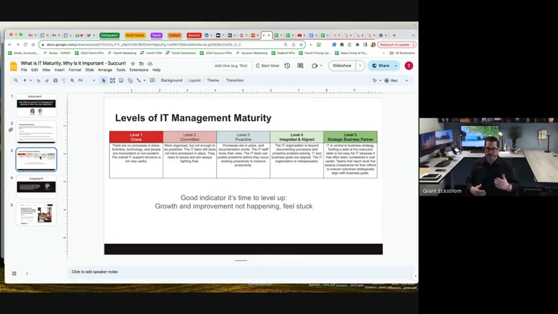So if a client's looking to have a budget, they have to be at a higher level because you have to have predictability. And that's where the IT maturity model really comes into play, is that you're looking for predictability in both cost of IT and reliable outcomes of deliverables.